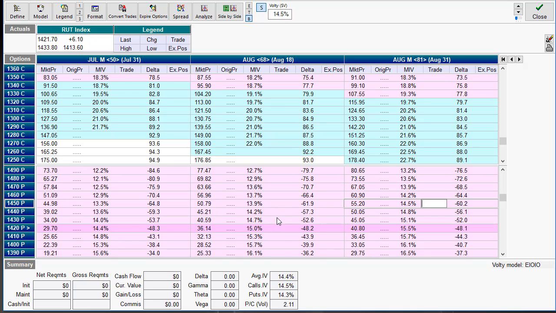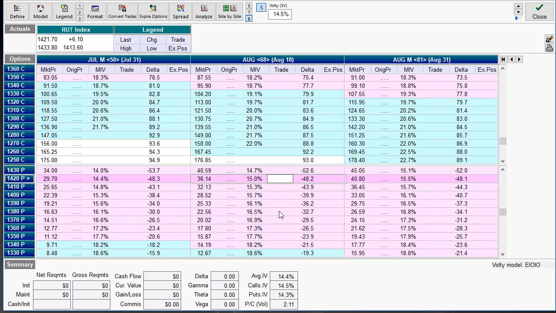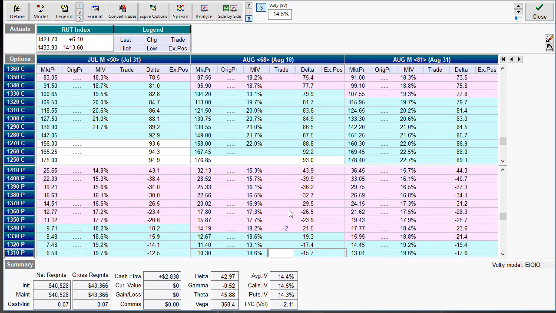In addition to the ratios, again, not going to spend a lot of time defining them and setting them up, but if you're going to put on a ratio spread, and let's just say I want to come out of the money here and I want to sell 2 of these, and I want to buy 3 of these. Actually, here, let's do this.